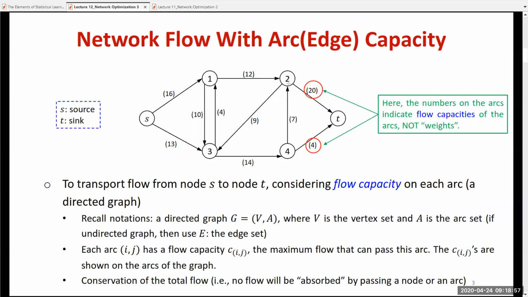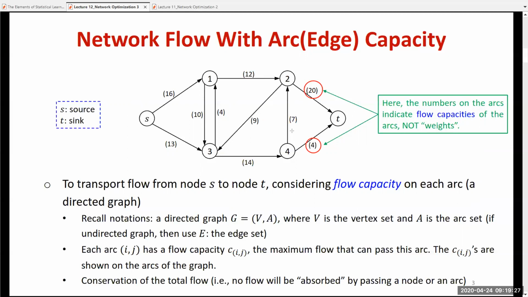No. Because you need to guarantee how many you can totally transport from somewhere to 2. You can clearly see that into 2, at most I can transport 12 plus 7, which is 19. So although the capacity is 20, you cannot really transport 20 flows from node 2 to node T. The most for node 2 to T is only 19.